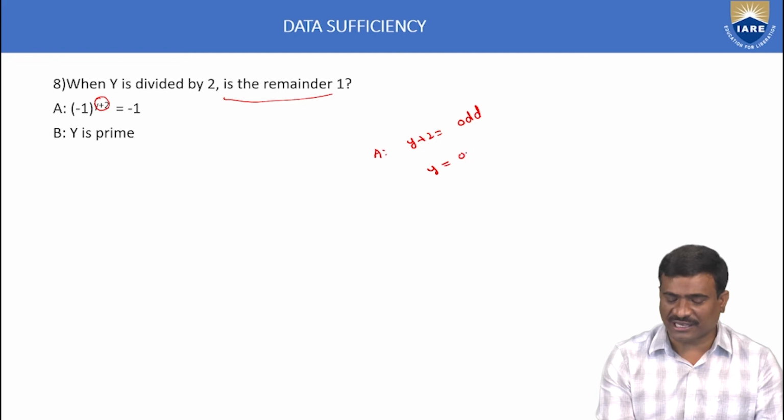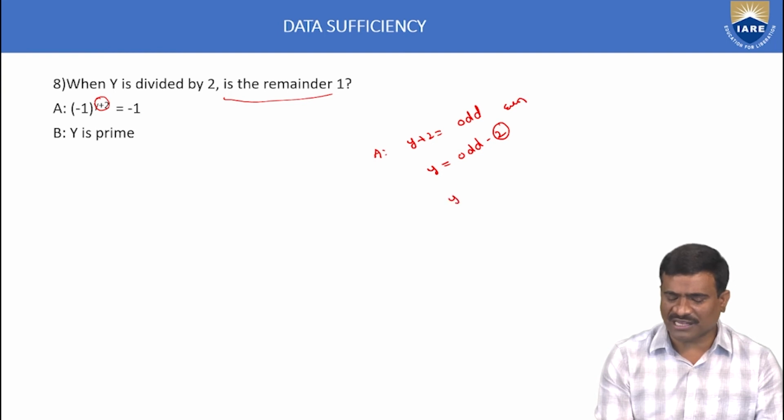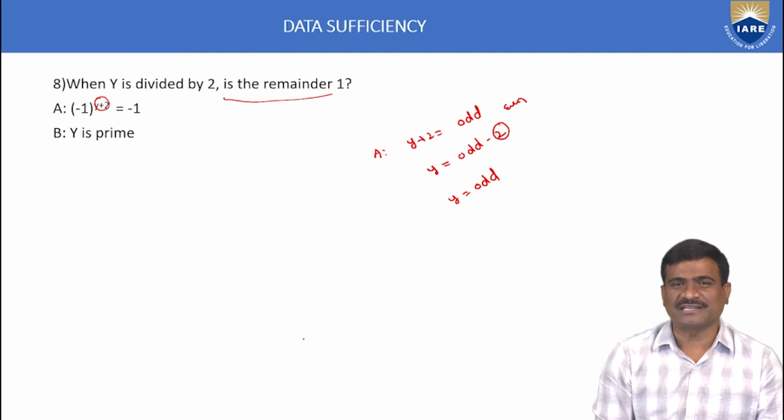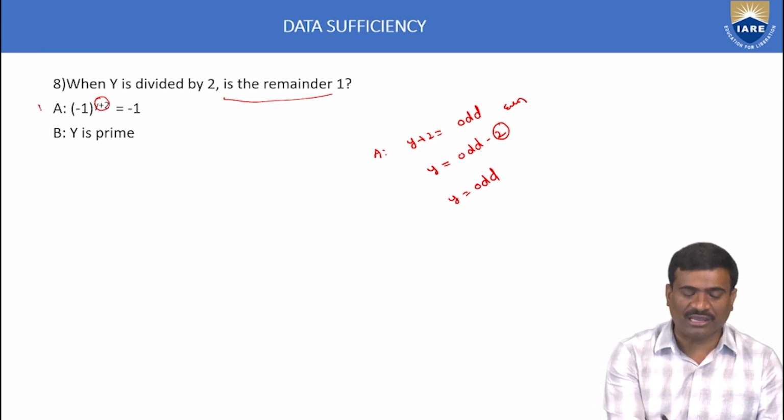Then y is equal to odd number minus 2. 2 is called an even number. Odd number minus even number is called an odd number. Statement A implies that y is an odd number. We know that any odd number divided by 2 leaves remainder always 1. Then A alone is sufficient.